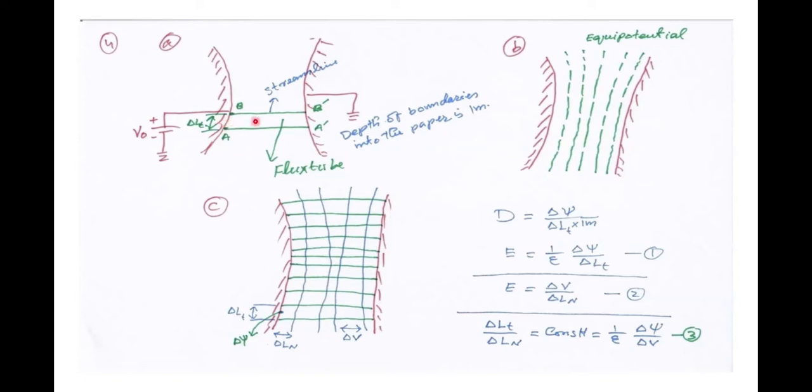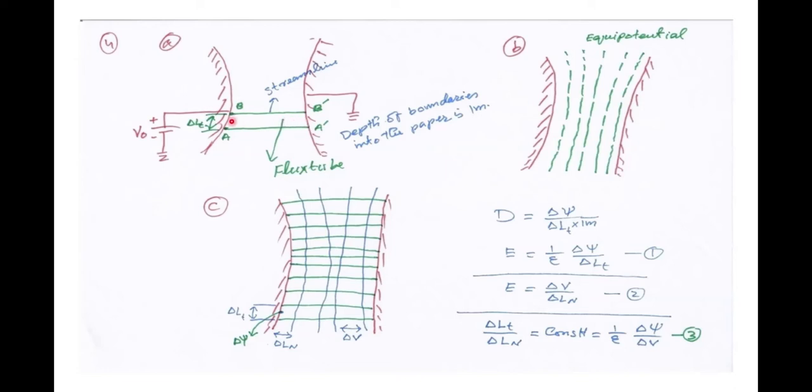In this flux tube, the flux which originates at this surface terminates on the A prime B prime plane. That means the flux is confined within this flux tube.